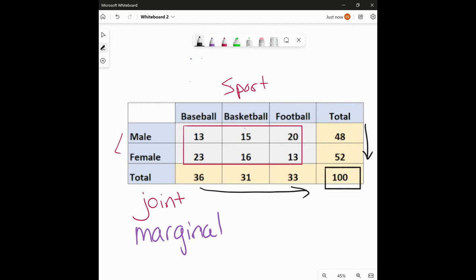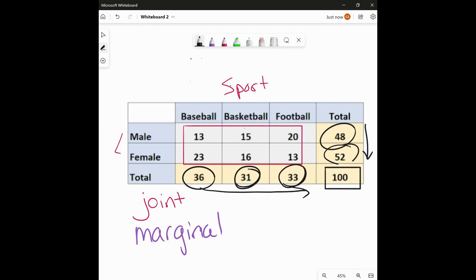So if I want to talk about marginal frequencies, it's any of these in the yellow. And I would just look at 48. What does that represent? 48 represents the total male people in the survey. And 52 are the female people in the survey. If you look over here on the bottom, 36 people in the survey play baseball, 31 people prefer basketball, and 33 people prefer football.